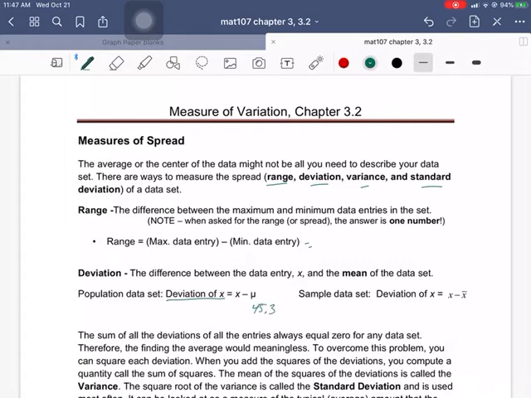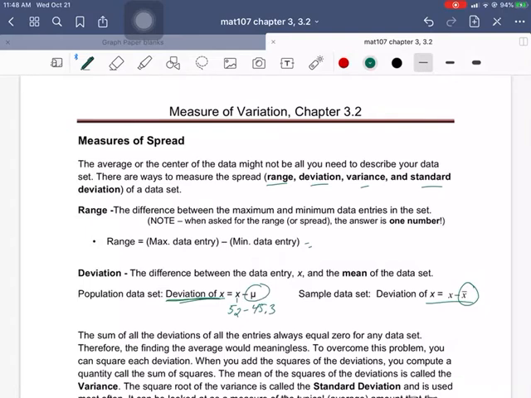So if the mean, let's say the mean's 45.3, and this value right here was like a 52 or something, that would give you the mathematical deviation of that one point from the average. In the sample, we're talking about that one value from your average sample mean, right?